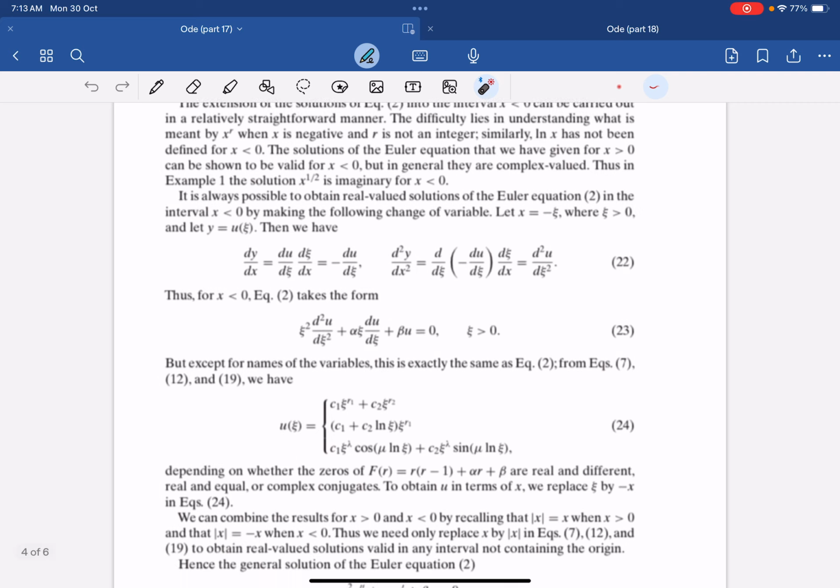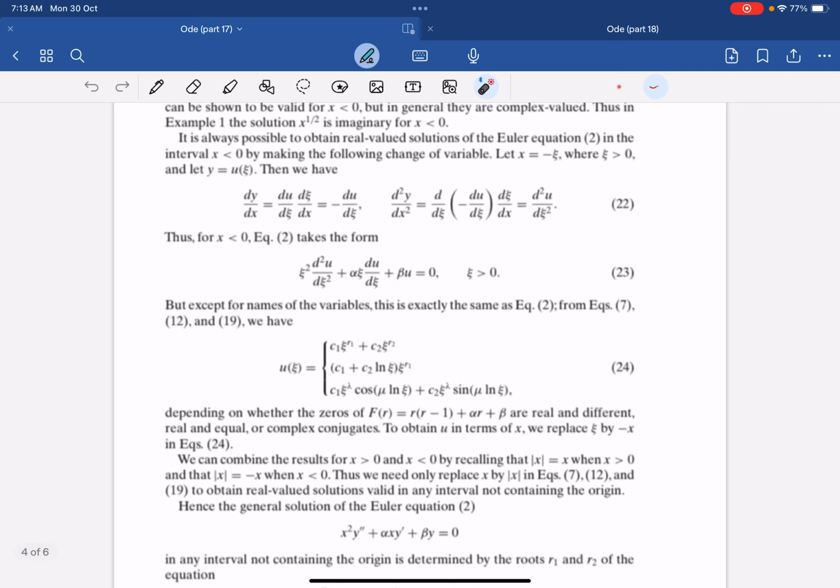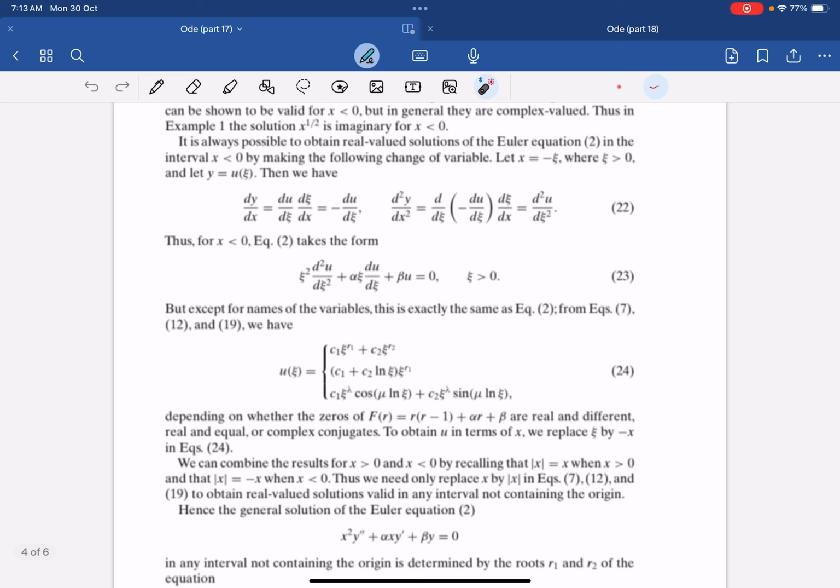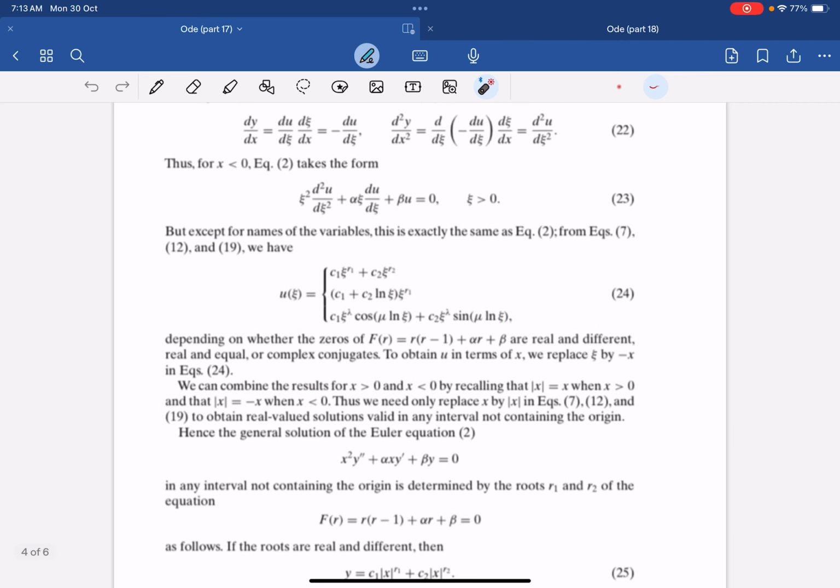And with the chain rule, we're able to simplify our equation to change it from a differential equation in terms of x to a differential equation in terms of epsilon. And after that, we solve for this because we know epsilon is larger than 0 using the normal way. And then once we have this, we replace epsilon by minus x. And we're done.